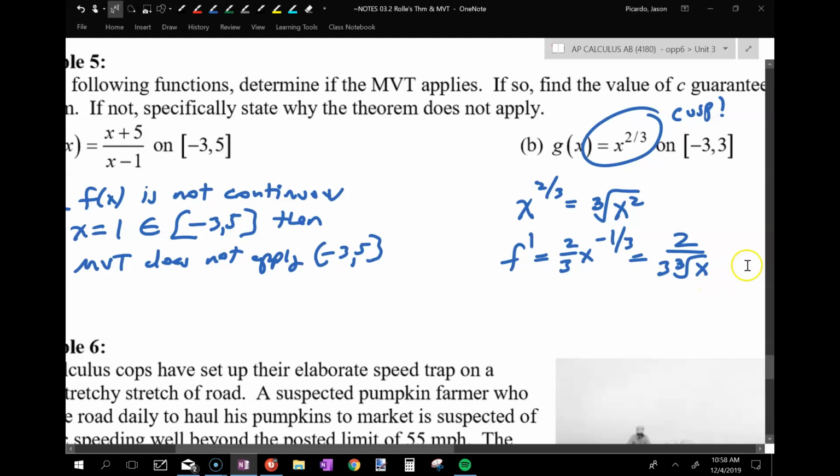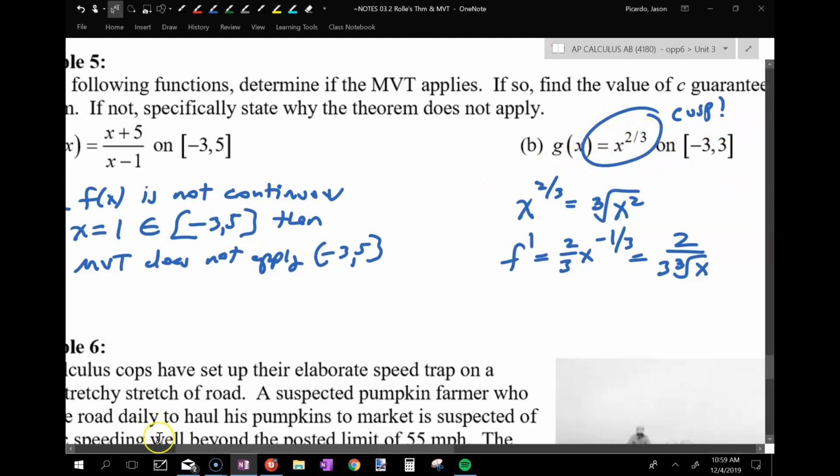And what do I know about this derivative? Where does this derivative not exist? At 0. If the derivative doesn't exist at 0, then is this differentiable everywhere between -3 and 3? No, right? And so the mean value theorem does not apply because it's not differentiable everywhere between -3 and 3.